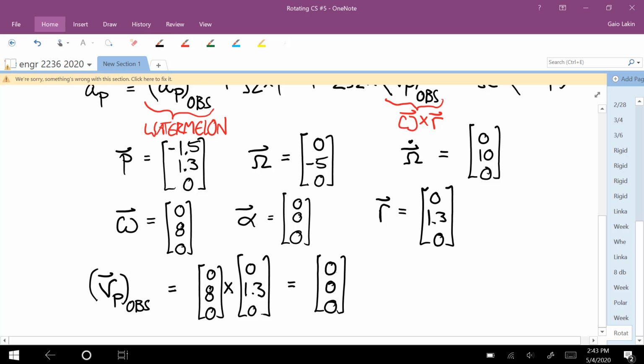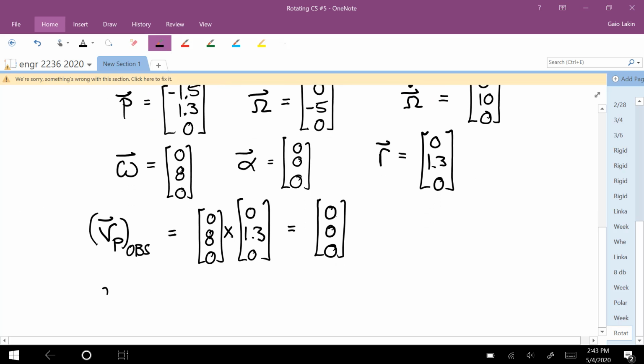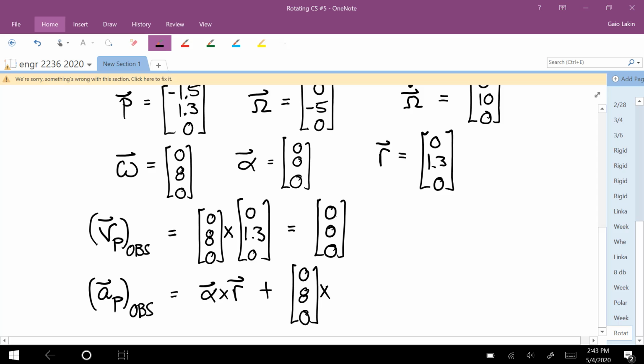The observed acceleration of P is alpha cross r plus 0, 8, 0 crossed with the quantity 0, 8, 0 crossed with the r vector.